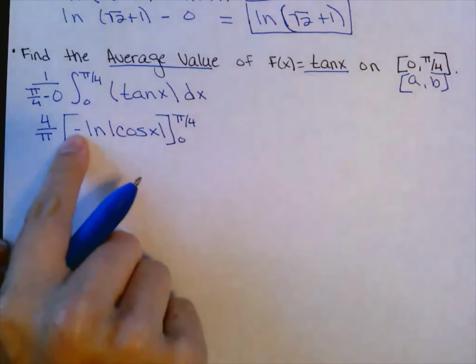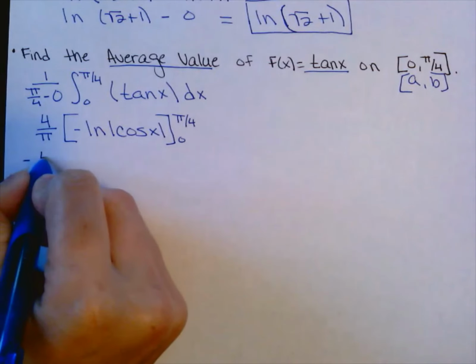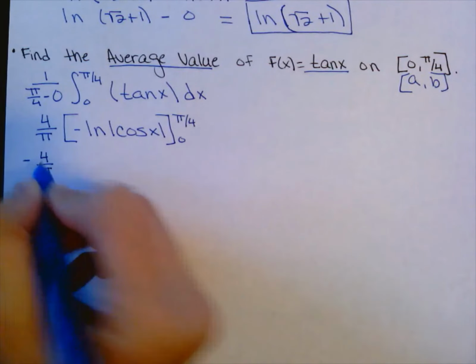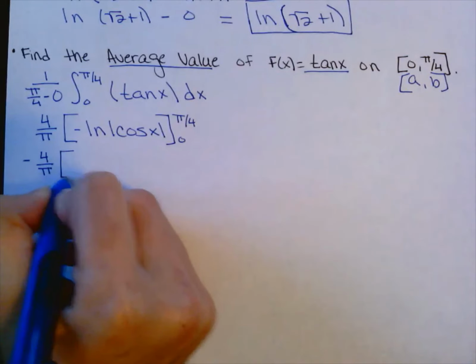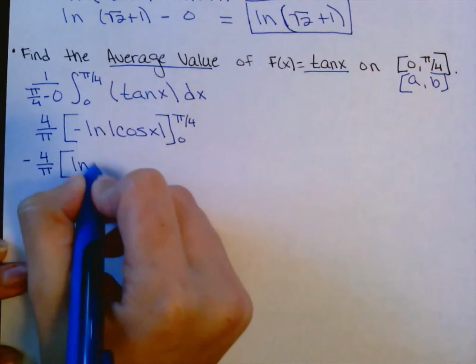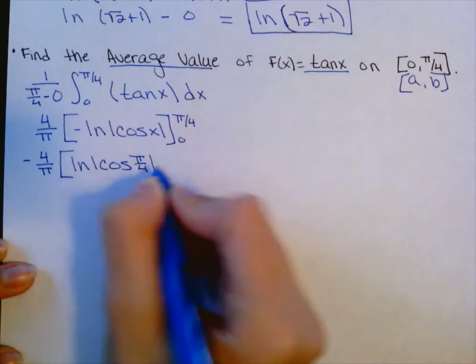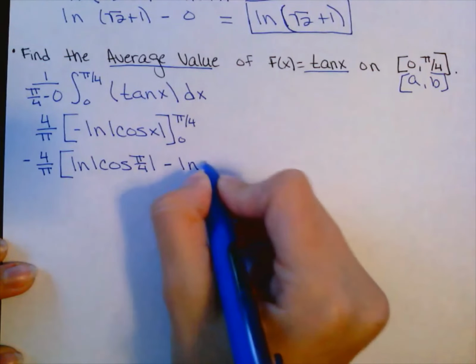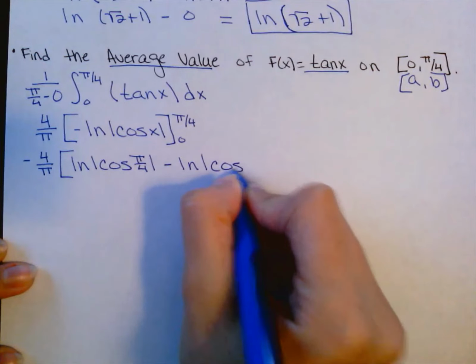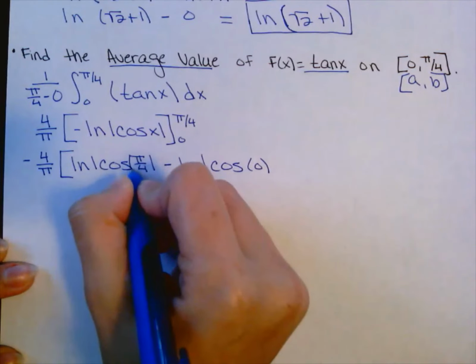I'm allowed to take this negative out. It's the coefficient with the 4 over pi. And now I'm going to say ln of absolute value of cosine of pi over 4 minus ln absolute value of cosine of 0, okay?